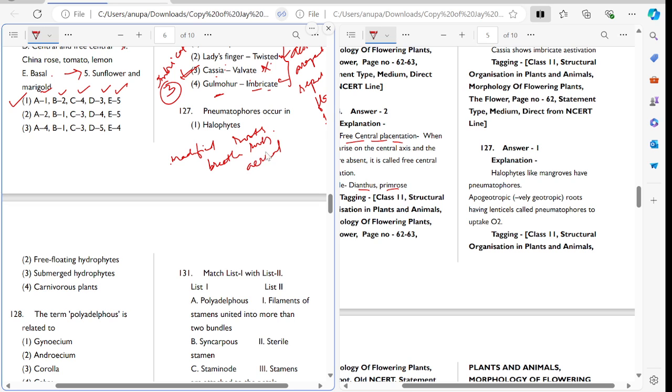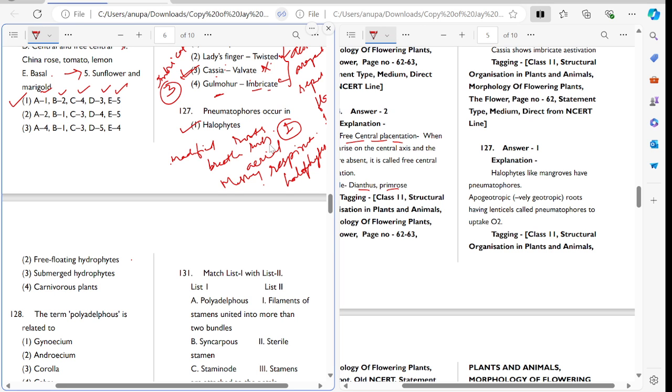They are mostly found in halophytes which grow on marshy land. The options are halophytes, free floating hydrophytes, submerged hydrophytes, and carnivorous plants. So the answer will be option number 1, that is halophytes.